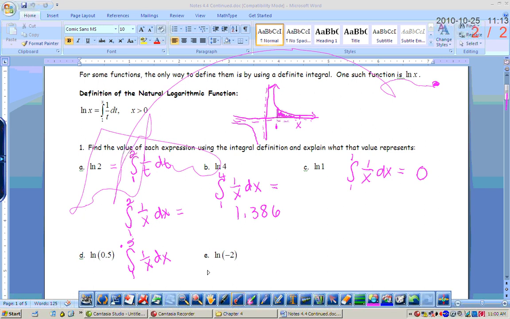That's why I taught you that property yesterday, that you can switch the limits of integration if you take the negative of that. So this is the same thing as negative integral from 0.5 to 1 of 1 over x dx.